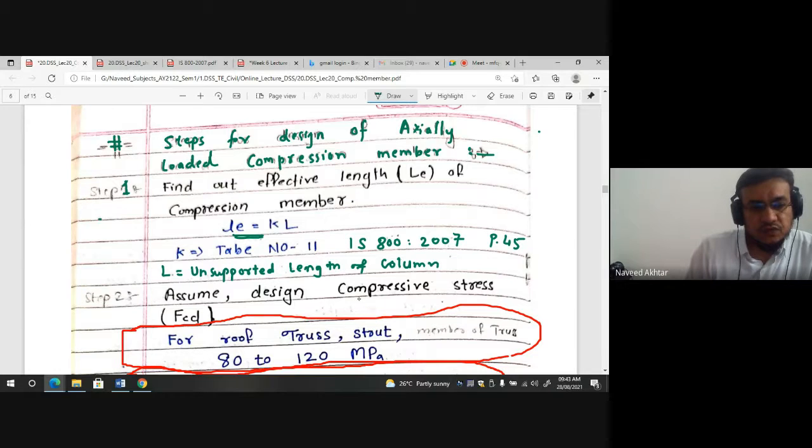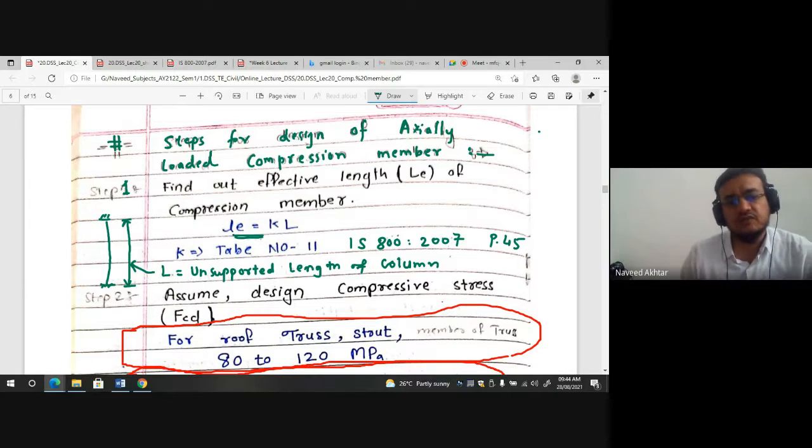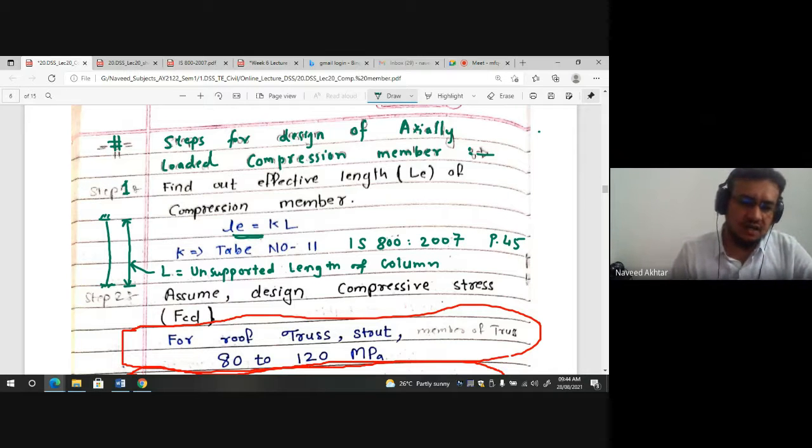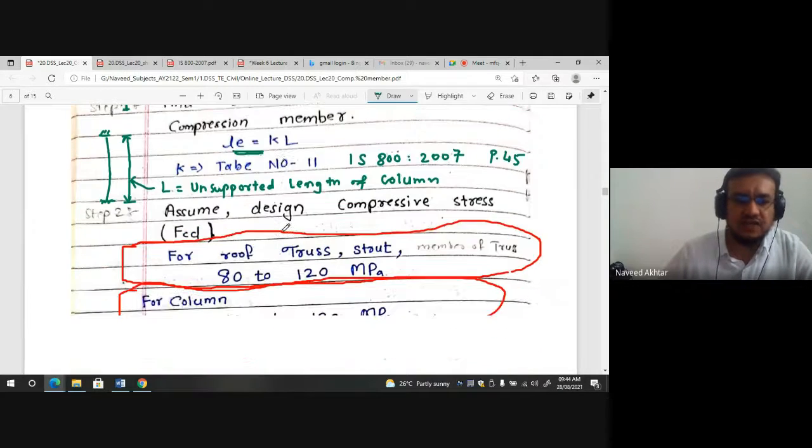Generally, the unsupported length means, this is your column, this end is fixed, but this length is nothing but your length. It is the unsupported length of your column. Based on the end condition, you can find out the effective length.